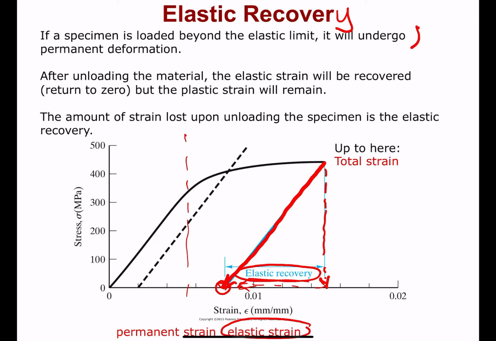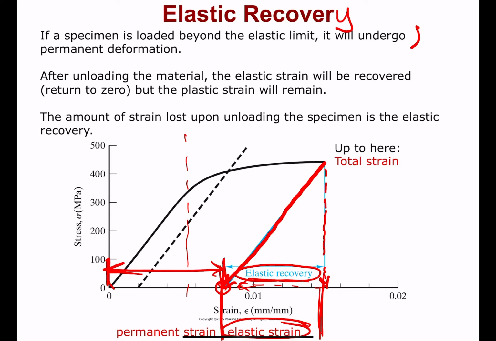Okay, so that amount, elastic recovery, can result in elastic strain. So where we've recovered, we've come back a little bit. So the elastic strain is here. And then the permanent strain would be over here.